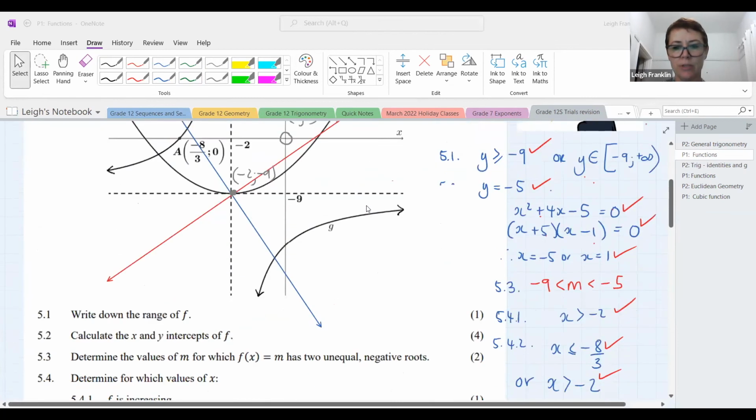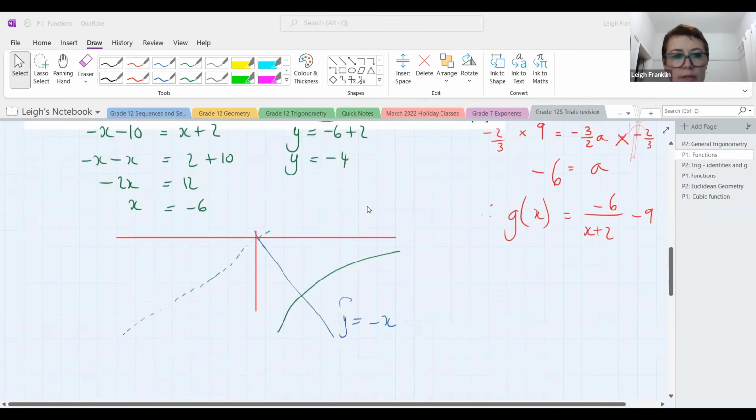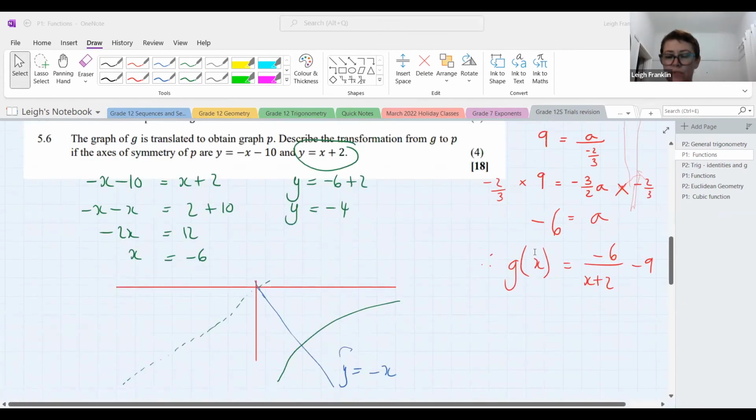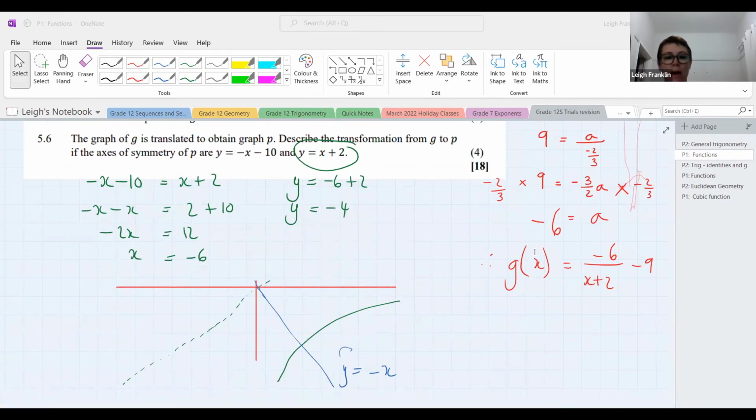From G to P, so where's the equation? There it is. So the equation of G is y equals -6 over x plus 2, minus 9. So what's happened in terms of the movement? Let's first do the movement up or down. What two numbers are we comparing with one another in this case?